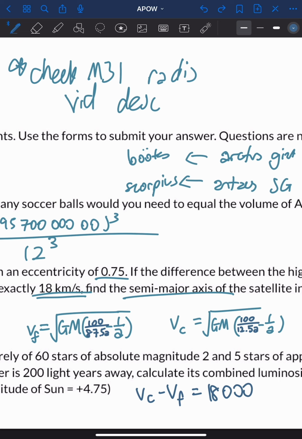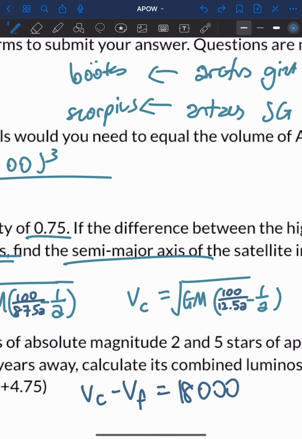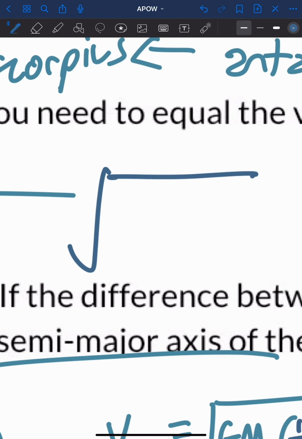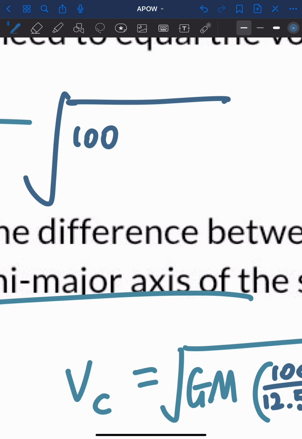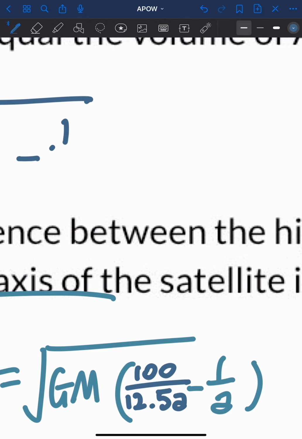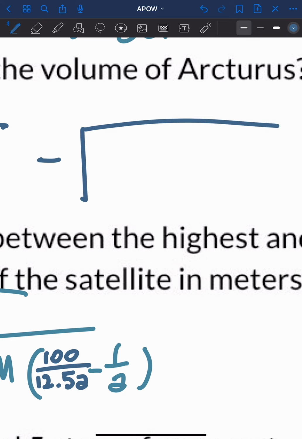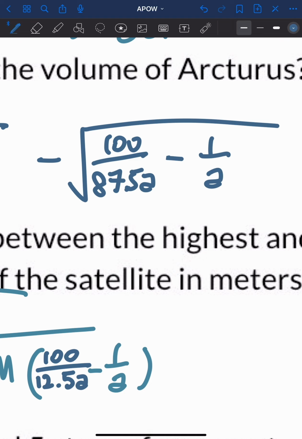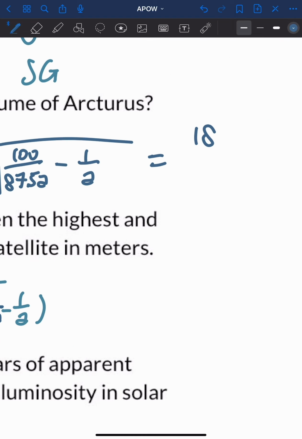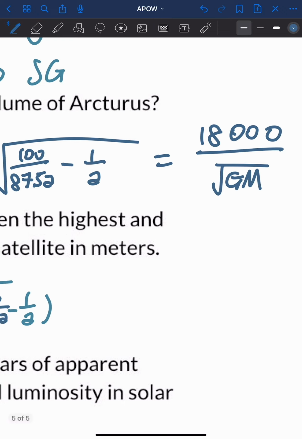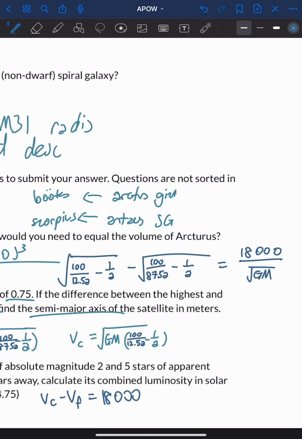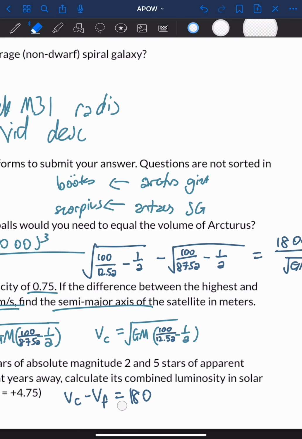So if I re-express this, it means that square root of 100 over 12.5a minus 1 over a, minus another square root of 100 over 87.5a minus 1 over a, will give you 18000 over square root GM. Don't forget the square root, because you're taking GM out from the square root, so you need to keep that. So yeah, we can express that as this.